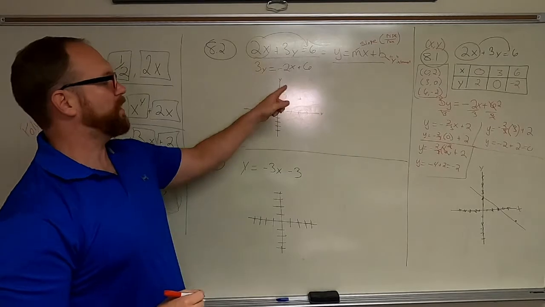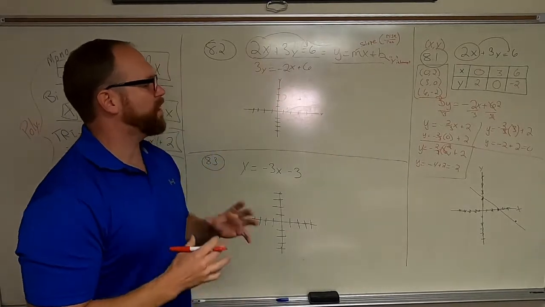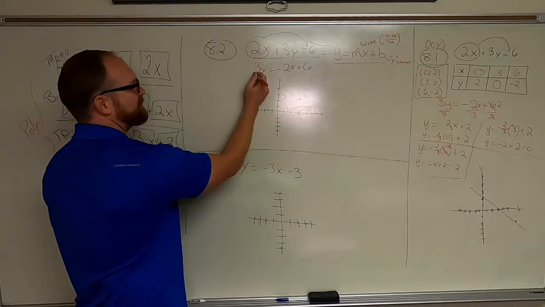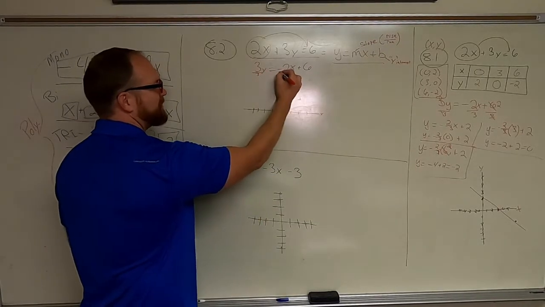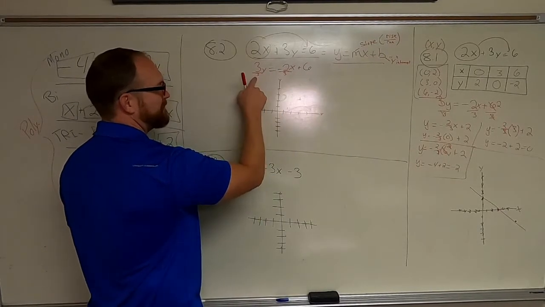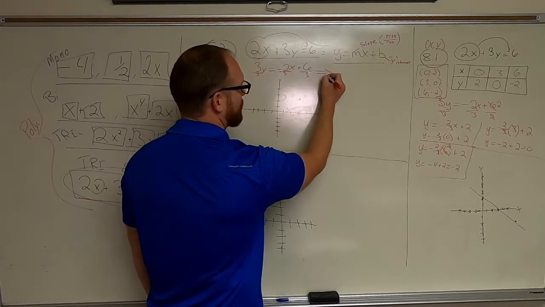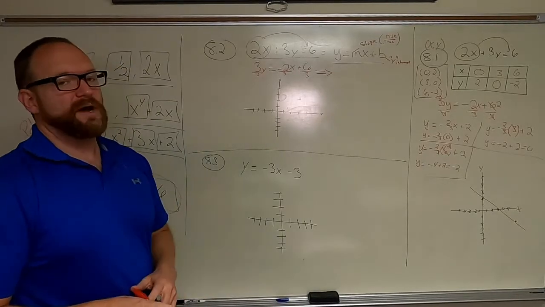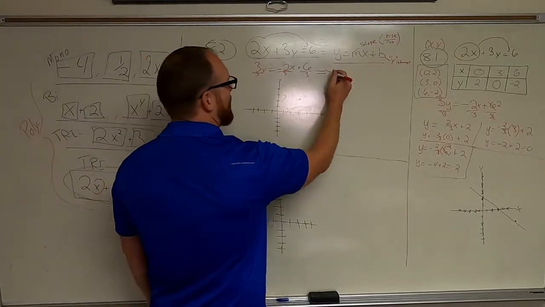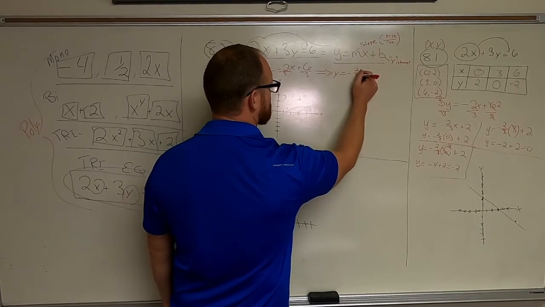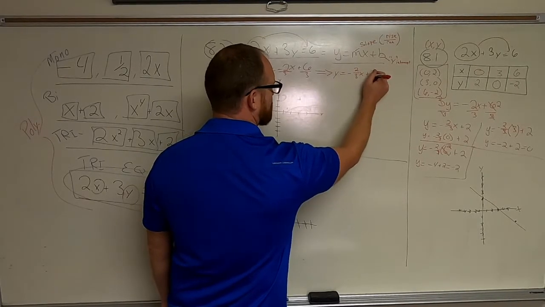Okay, so we recall, we've seen this before. Are we where we need to be here? No, not quite yet. Again, we have to solve for y, which means we have to get that 3 out from there. So inverse operations means we have to divide. And dividing by 3, we can get it to say y equals negative 2/3 x plus 2.